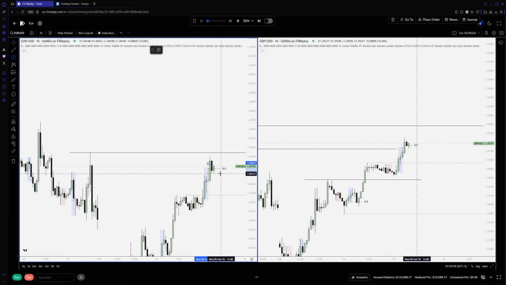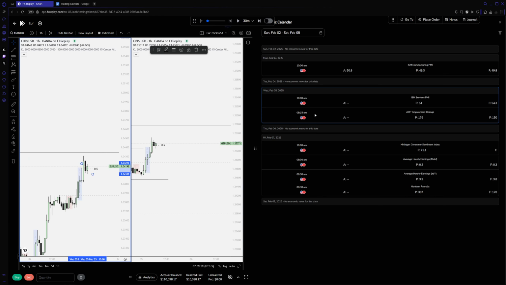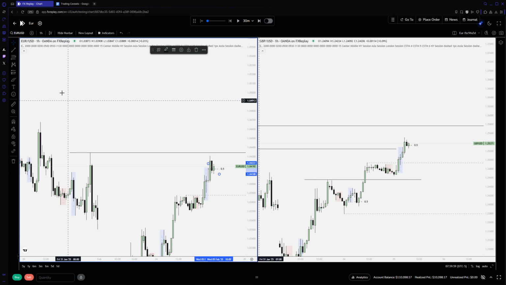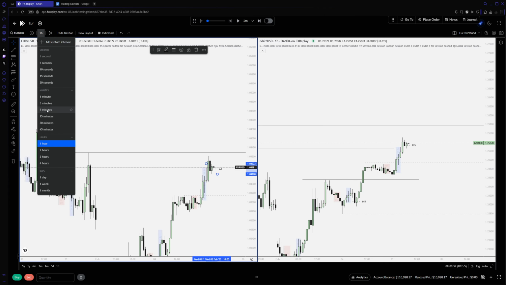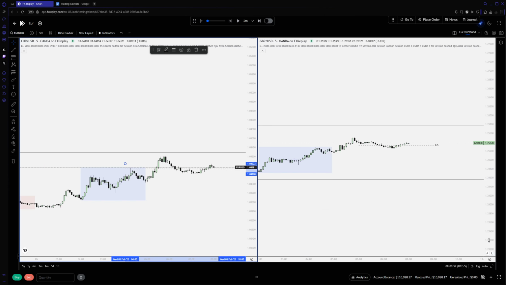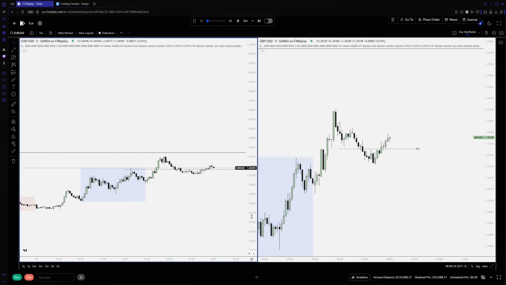But one thing I am kind of skeptical of is that it is a little lethargic, and we do have that high impact news at 8:15, so something to be aware of. But with that being said, I'm going to be seeing if we can get on side with this. So I'm going to be looking for a pullback.